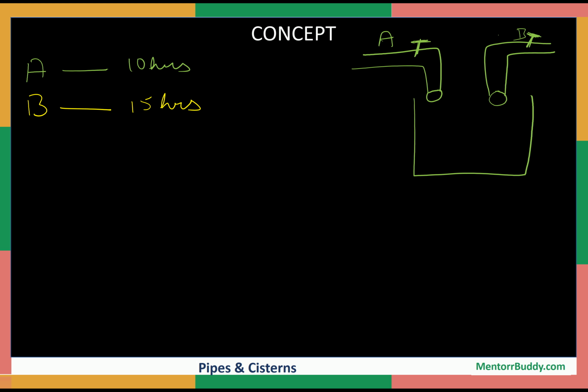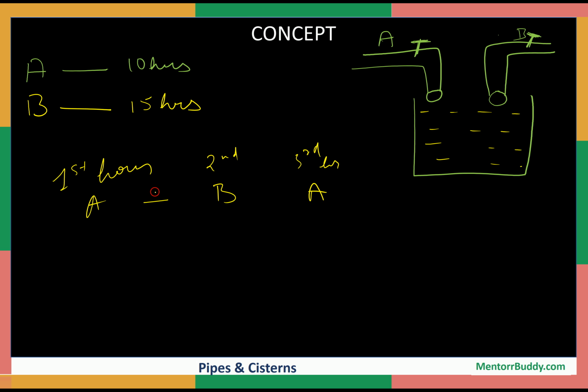If pipe A and B fill this tank alternately, that is, for the first hour pipe A is filling the tank, then for the second hour pipe B is filling the tank, then for the third hour pipe A is again filling the tank.